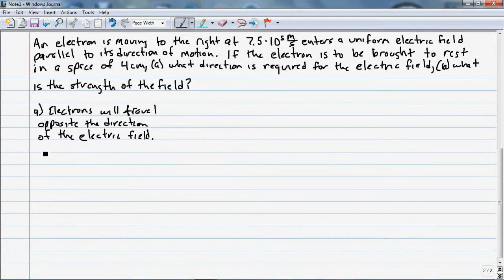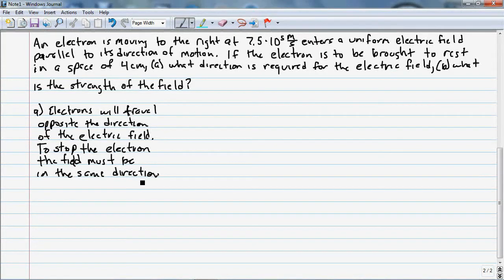So to stop the electron, the field must be in the same direction as the electron travels. Okay, so it has to be going to the right also.